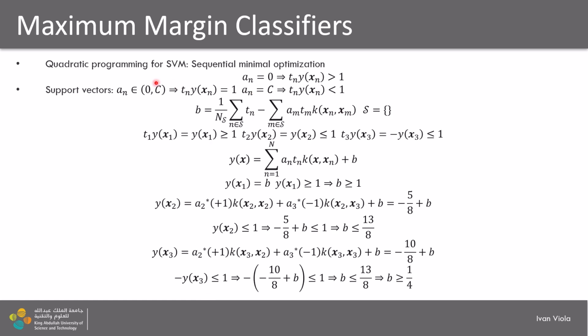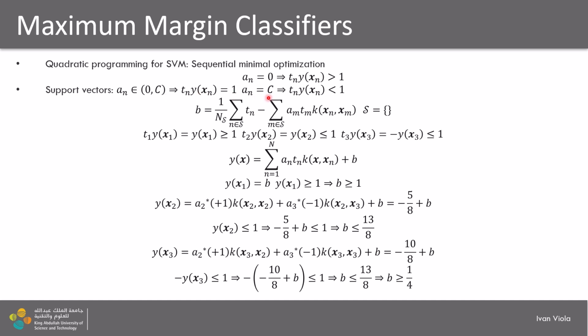So we can see that for A1, if an is equal to 0, then the tn y xn is bigger than 1, and then for those which are between 0 and C, we have this equal to 1, and then for those support vectors which are in the open interval 0, C, that's the equality.